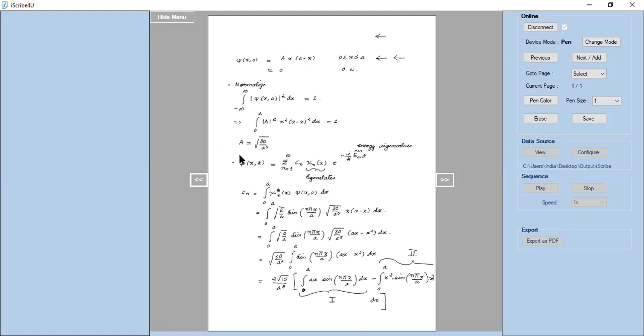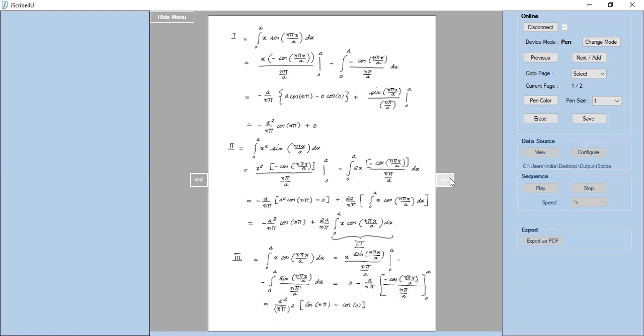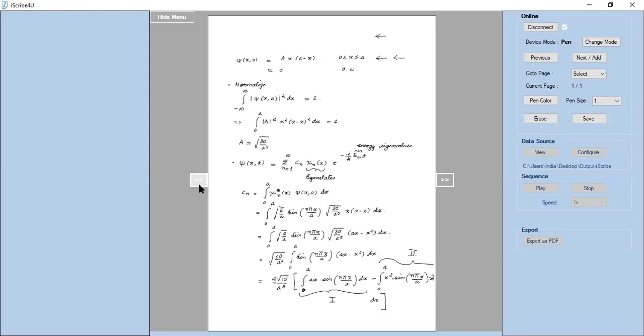So here, when you did your normalization, you actually took the root 2 by a, isn't it? So do you think we'll need to multiply it again? Ma'am, you have written psi of x comma t is equal to a summation on the earlier page, ma'am, which you showed.